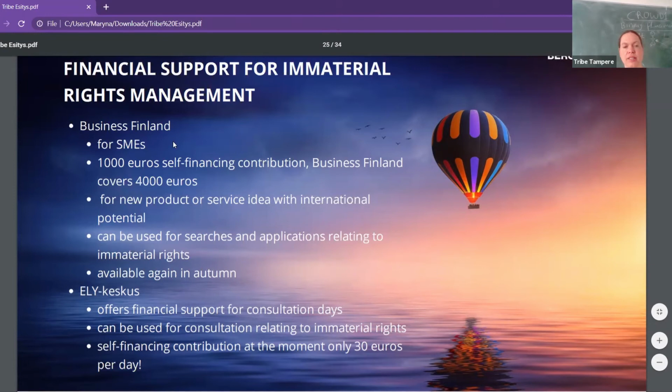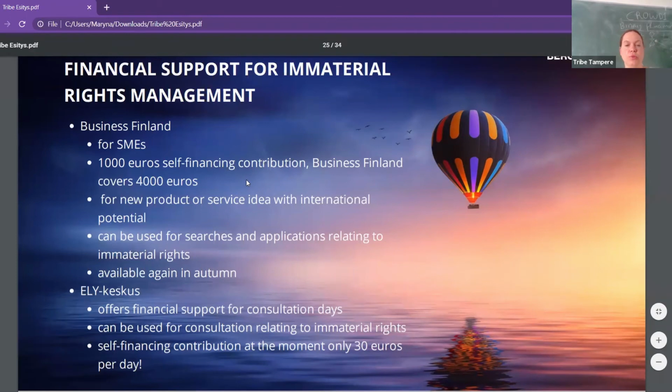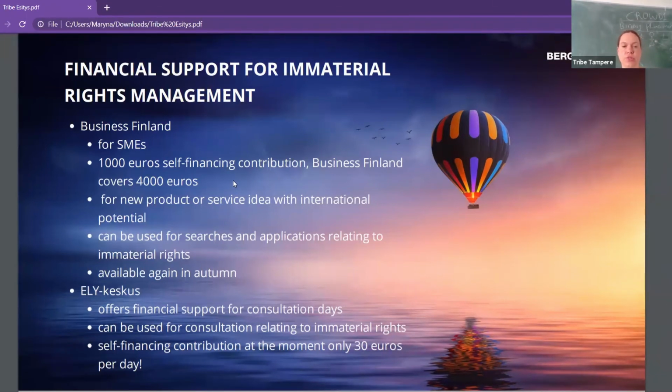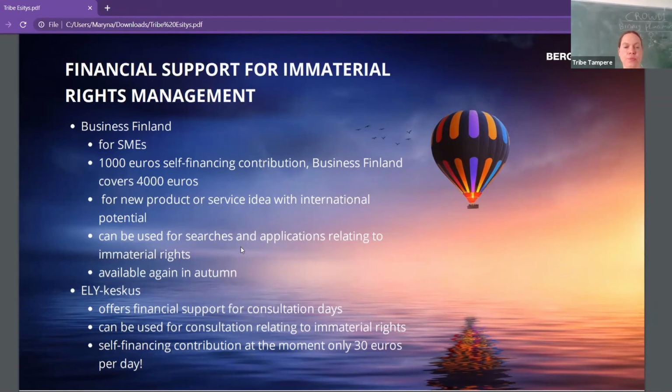Business Finland has available funding for SMEs, and there's 1,000 euros that you would need to contribute yourself, and then it covers 4,000 euros. And it can be used for a new product or service idea with international potential. And it will be available in autumn again.